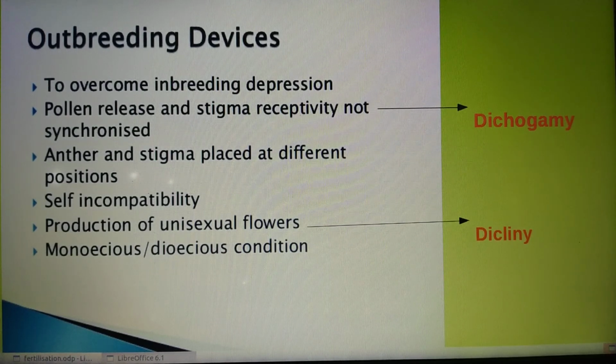In several species such as papaya, the male and female flowers are present on different plants. That is, each plant is either male or female. This condition is called dioecious, which prevents both autogamy and geitonogamy. This is about outbreeding devices.